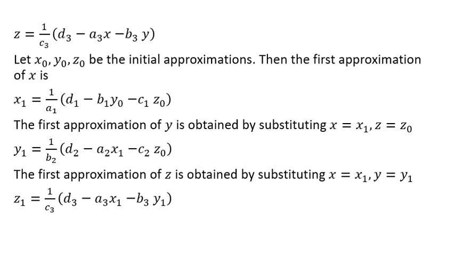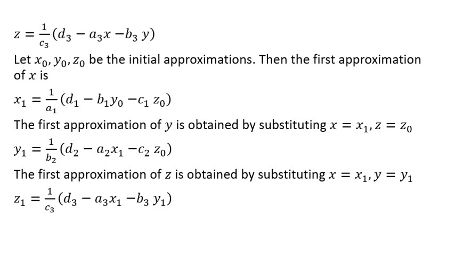So in order to apply the iteration, start with the initial approximation. Let x0, y0, z0 be the initial approximation. Initially we can substitute x naught equals 0, y naught equals 0 and z naught equals 0. Corresponding to the initial approximation, the first approximation of x is given by x1 equals 1 by a1 into d1 minus b1 y naught minus c1 z naught.